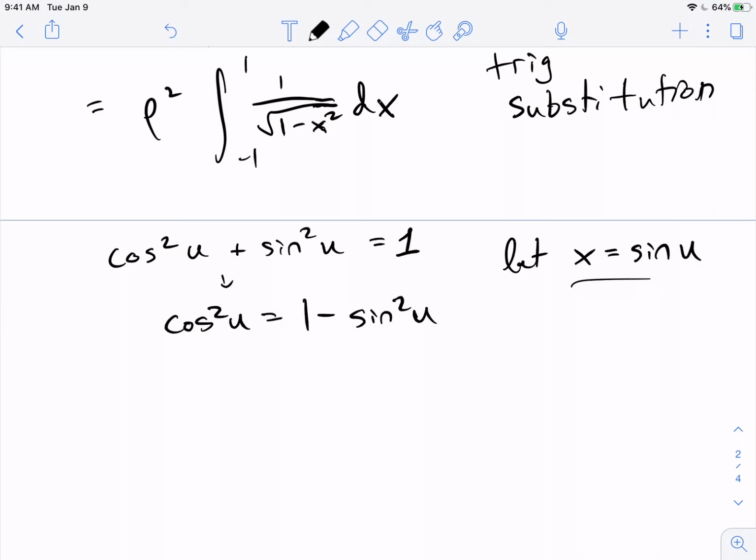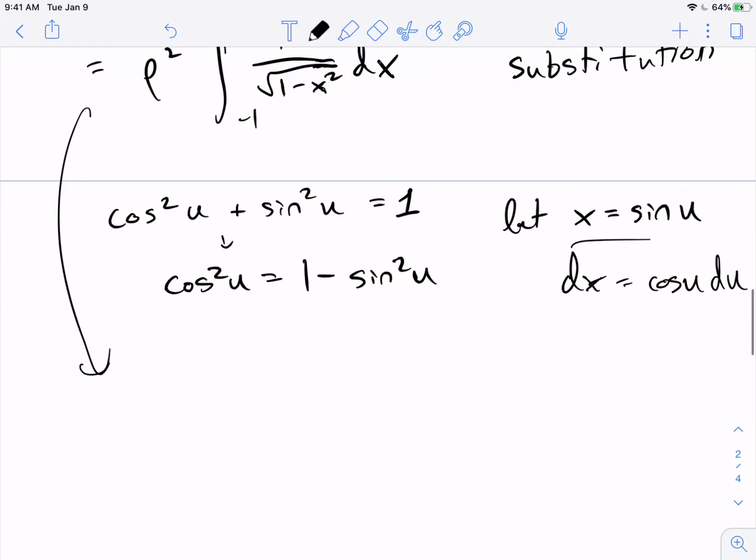If I let x equal sine of u, then this 1 minus x squared is 1 minus sine squared u, and I can plug in a cosine squared, which is great because then it'll play nicely with the square root. Okay, so I'm going to do this u substitution. If x is sine of u, then dx is cosine of u du. So I have to make that substitution in as well.